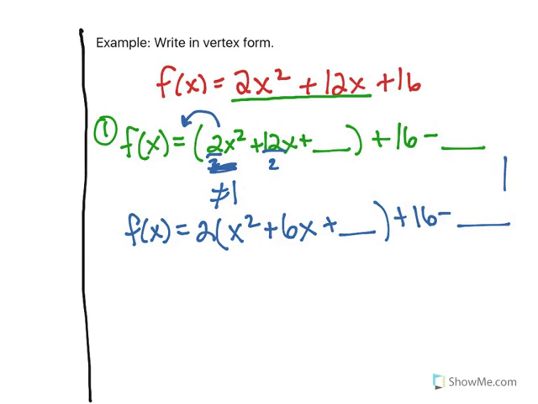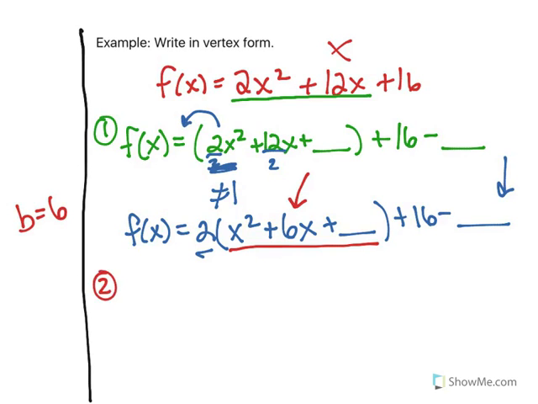This blank is going to be a little bit different now because of this 2, and you'll see that in a second. All right, so we're going to actually use this value for b, not this value up here. That's because we want this right here to be a perfect square trinomial. So that means that b equals 6 in this case.